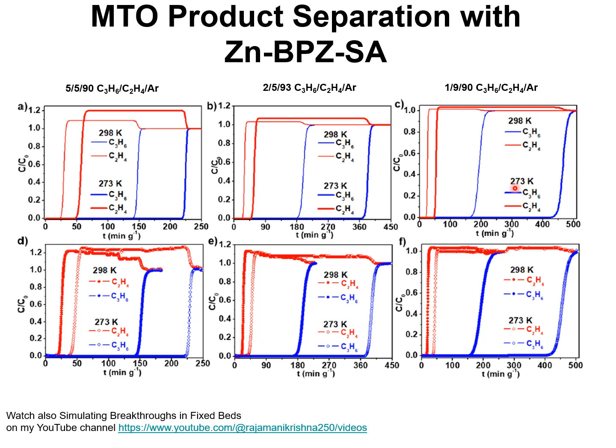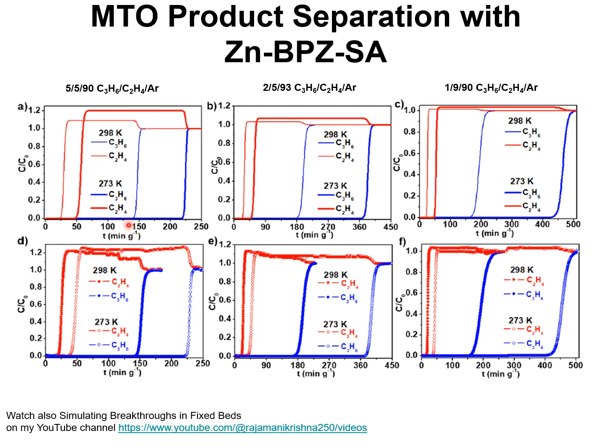in the top row. What is remarkable is that the transient breakthrough simulations are able to reproduce the experimental data nearly quantitatively. These breakthrough simulations use only the unary isotherms of ethylene, propylene in Zn-BPZ-SA at 273 Kelvin and 298 Kelvin.